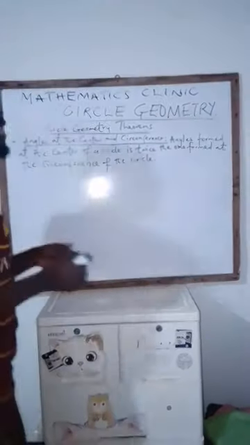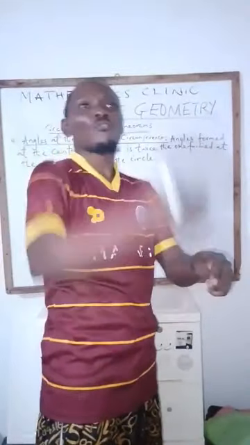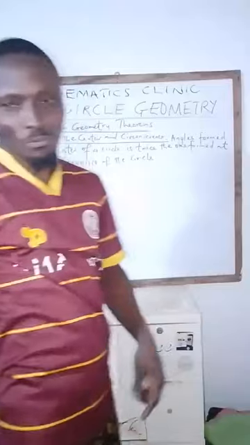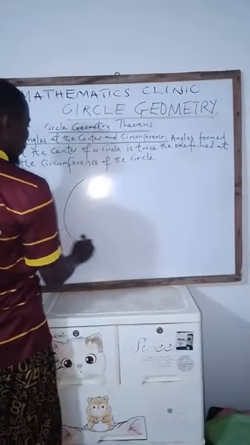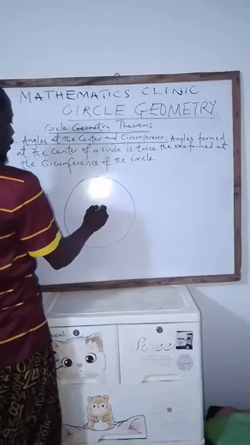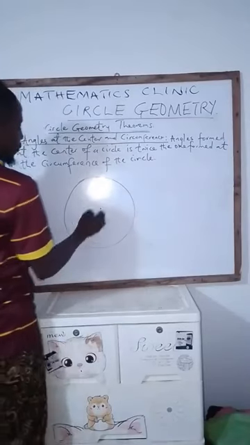Meaning, any angle that is formed at the center of a circle is 2 times the one formed at the circumference.